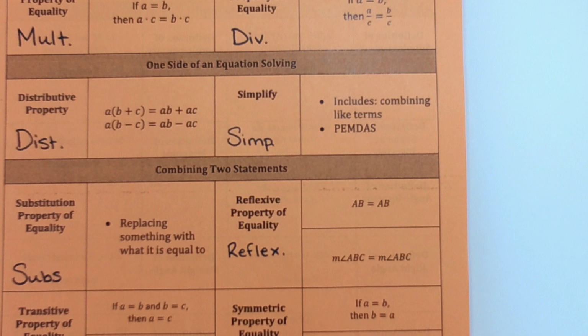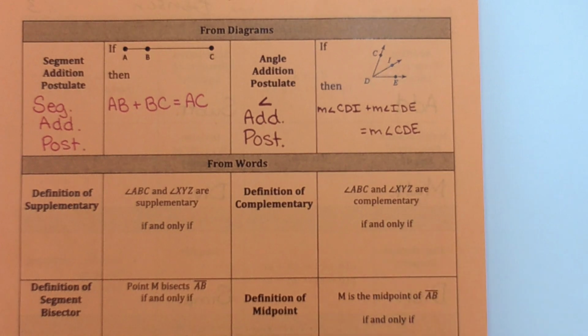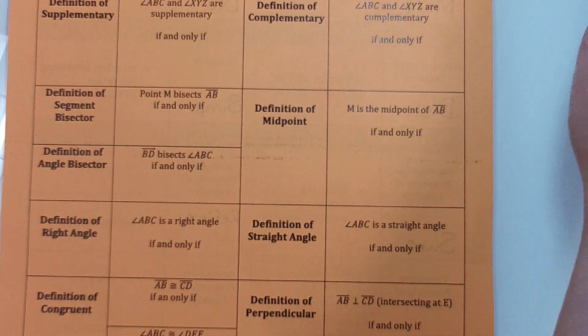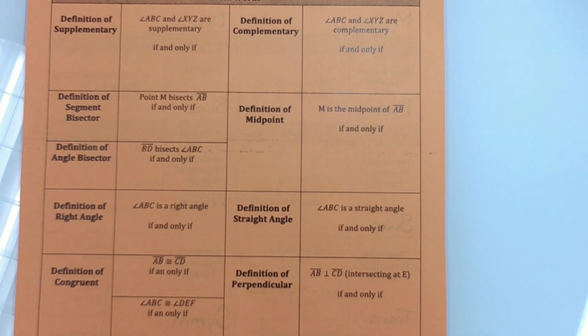But anyway, we already filled in the shortened versions on the front of it. On the back of it, we filled in the from diagram things. But the one thing we haven't come across in our proofs yet is situations where you're dealing with words. So, we need to talk about some of our words that are going to come up in our proofs today and Monday.